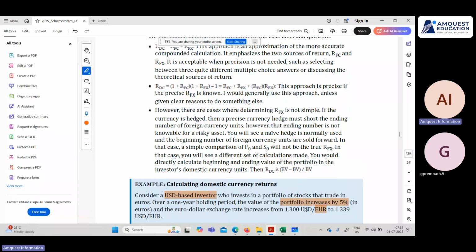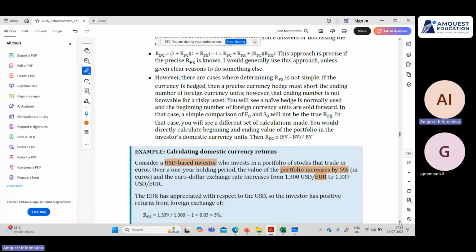Because what I want to understand is, if I'm a US-based investor, I would want everything in USD by something. So had it been euro by USD, I would have converted into USD by euro and then used it.